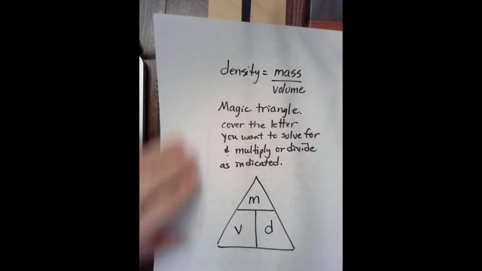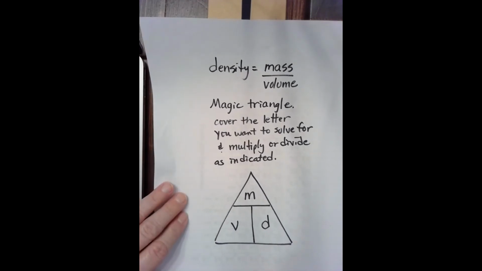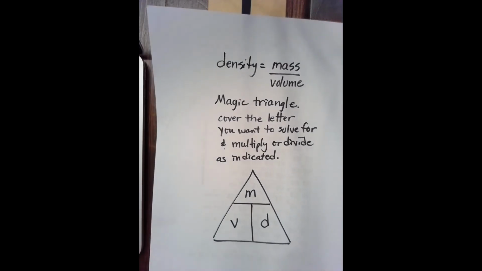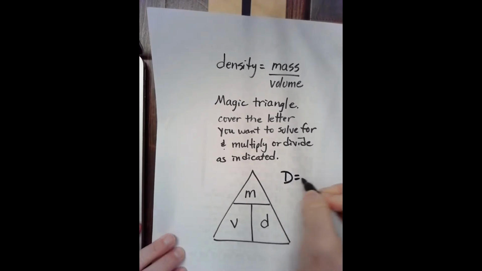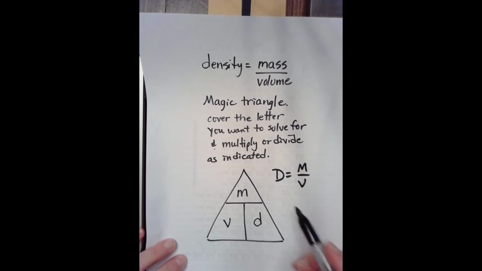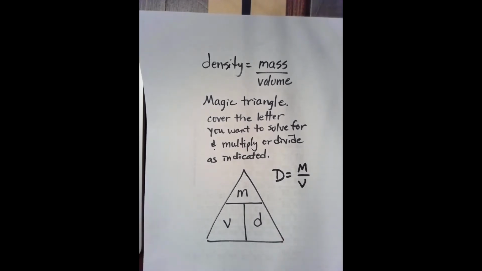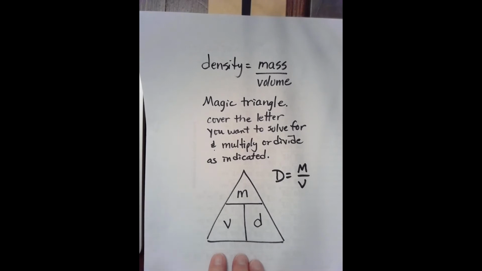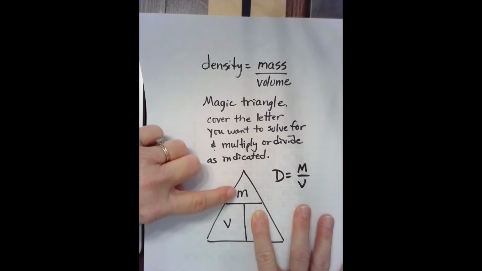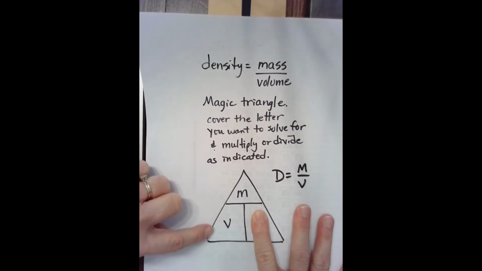Also, Davey asked me to remind you of this middle school math hack. When you have a density problem where you can rearrange the algebra, density equals mass over volume. You can put that into a triangle like this, and now it does matter where the letters are. If you're solving for density, you cover that up, and it shows you that you are dividing the mass by the volume.